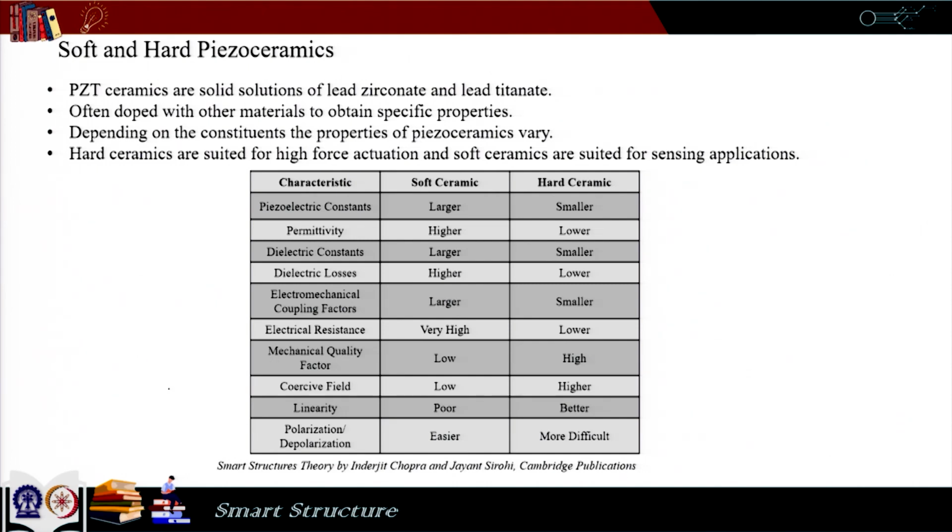Mechanical quality factor is low for soft ceramic and high for hard ceramic. Coercive field is low for soft ceramic and higher for hard ceramic. Linearity is poor in soft ceramic, and in hard ceramic it is better, and polarization and depolarization is easier in soft ceramic and more difficult in hard ceramic. This comparison can be found in the book.